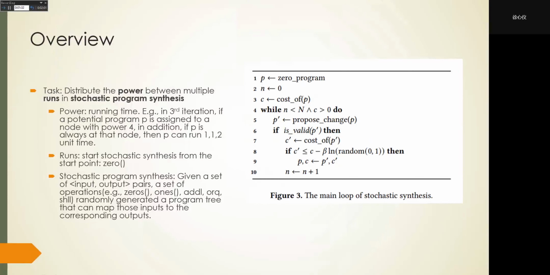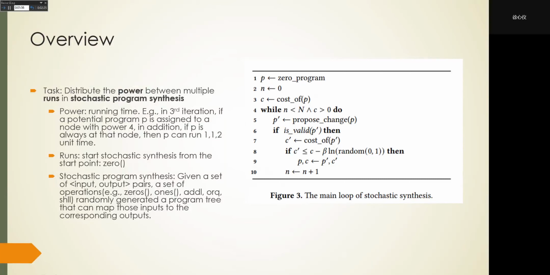Since the program state in one trial can be very small, we can memorize it. So we can also pause a run and then restart it. The power means the overall running time.